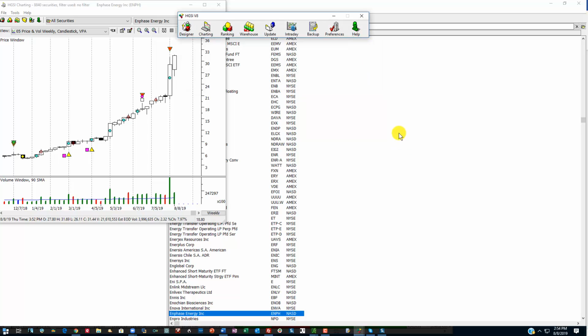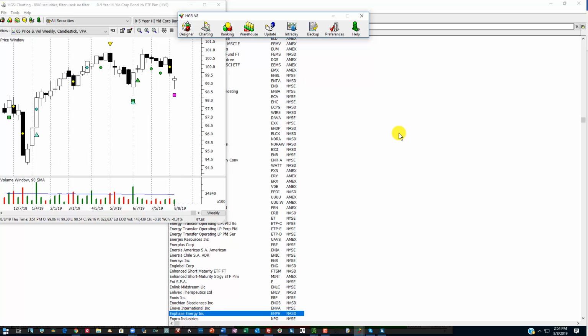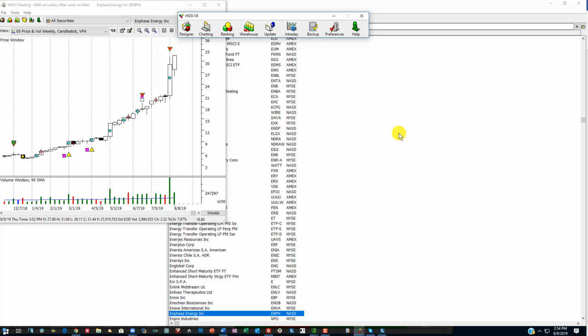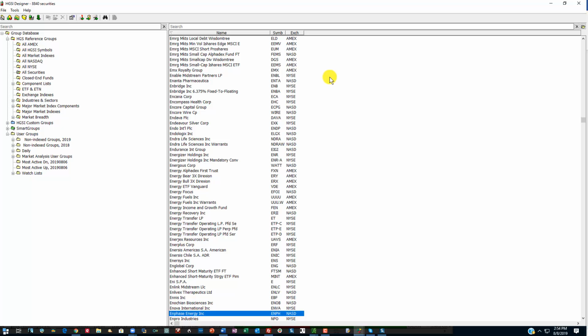And we'll wait for that, this will make this go a little bit faster. Okay, now back into the designer, and I'm going to run this. Still a little bit slow.